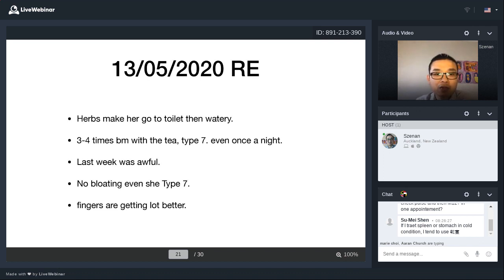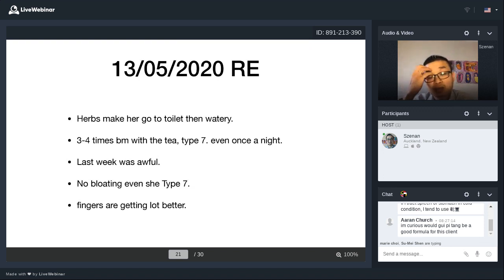Herbs make her go to toilet, then watery. That's what she said. In the afternoon, if you keep taking the herbs, it actually makes her go to toilet, watery. This we found out when the patient told you that. We need to trust the patient because that's how she should believe in it, and that's how she tests it out.